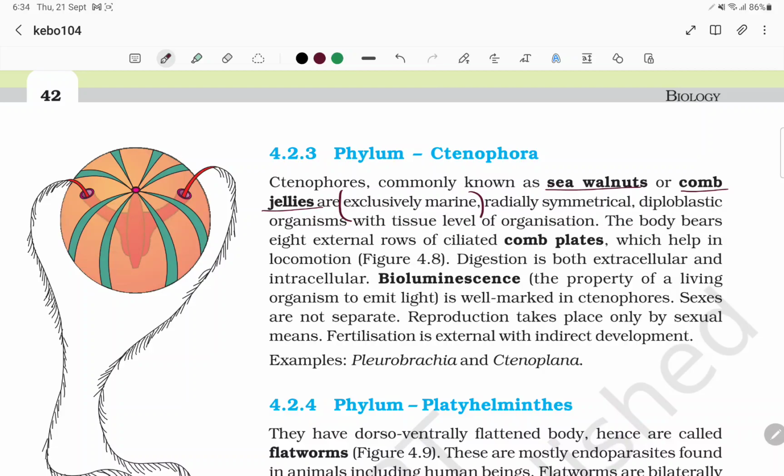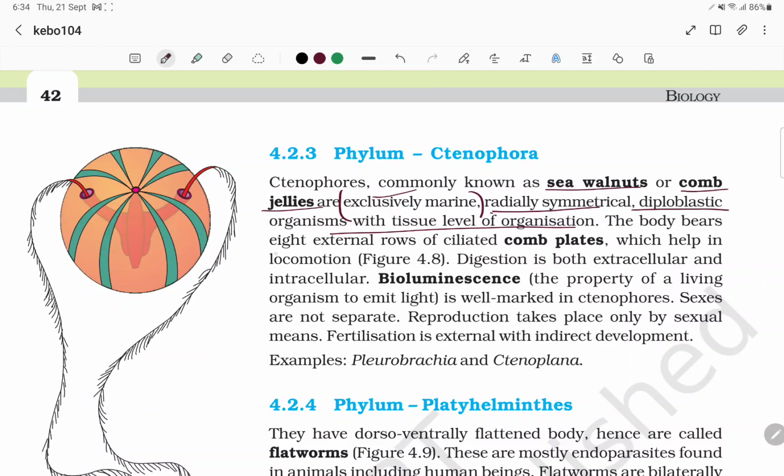But the ctenophores are exclusively marine, and you can see radial symmetry as well. They are diploblastic because they have ectoderm as well as endoderm, and tissue level of organization. Only two phyla exhibit tissue level of organization: Cnidaria and Ctenophora.